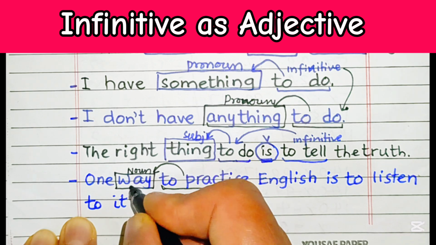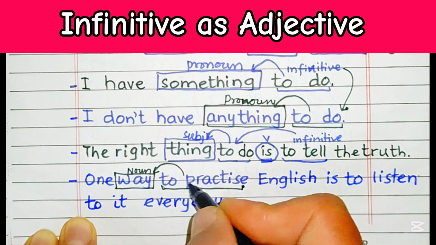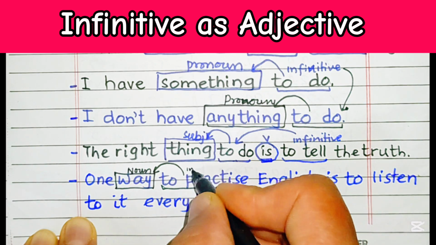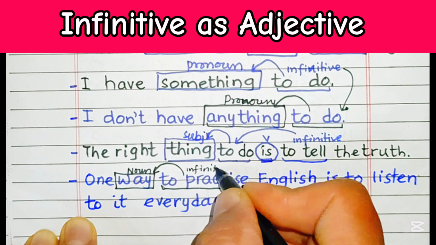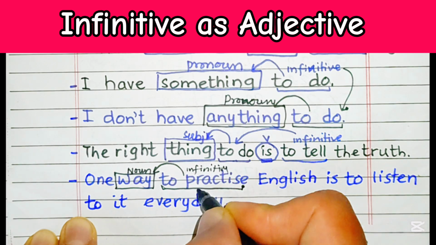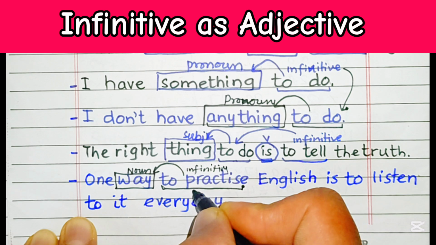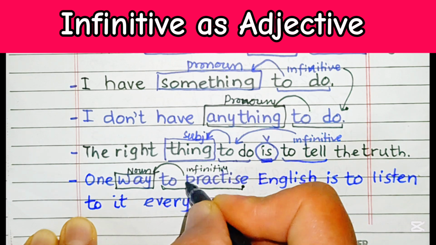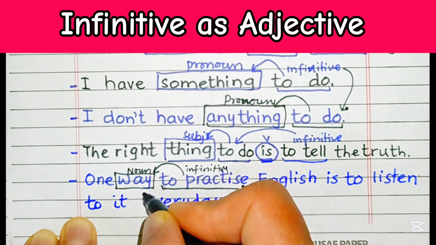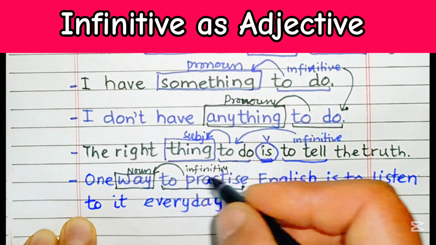In this particular sentence, the word way is the subject. So to practice is an infinitive functioning as an adjective. So this infinitive is being used as an adjective in this particular sentence.